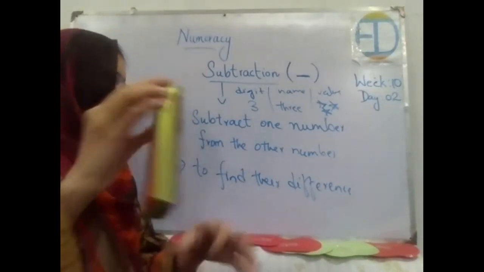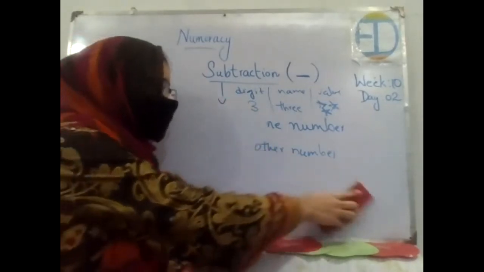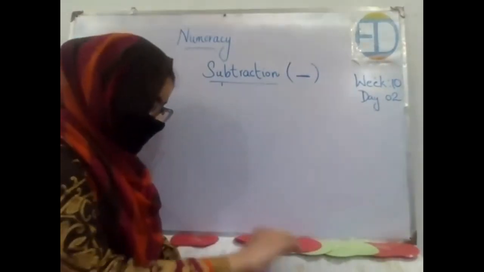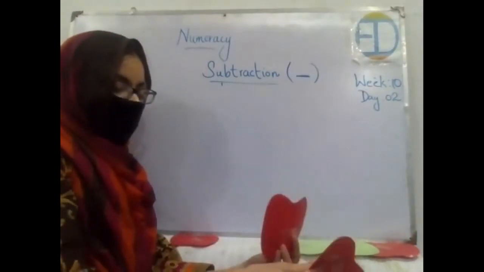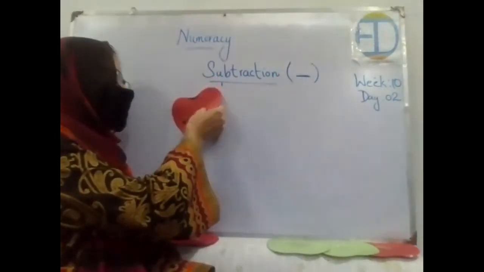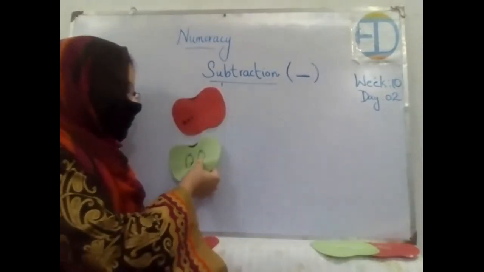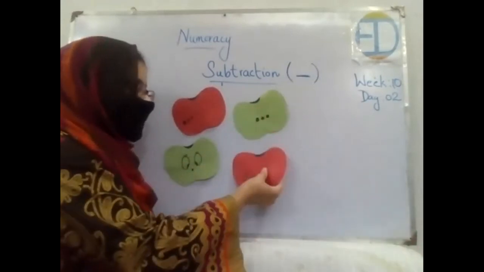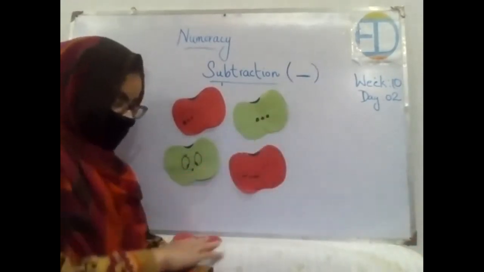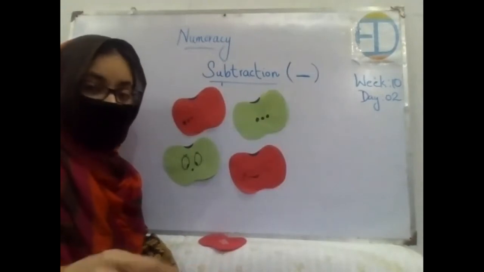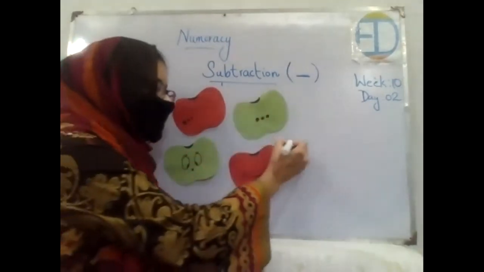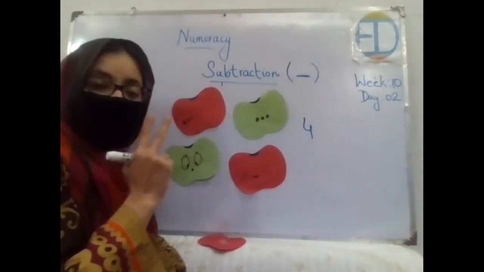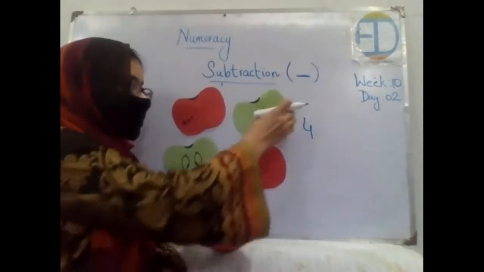Now we will start practice from the very smallest numbers. We will again be using these apples. Let's say you have four apples. How many apples do you have? Four. You previously have four apples, and you ate two of them in your break time.